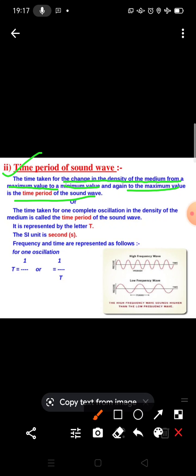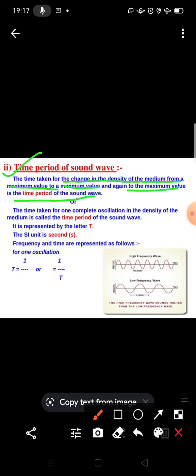How can you find the time period? Time period is the time taken for one complete oscillation to take place. When one oscillation is complete, the time taken is called the time period.